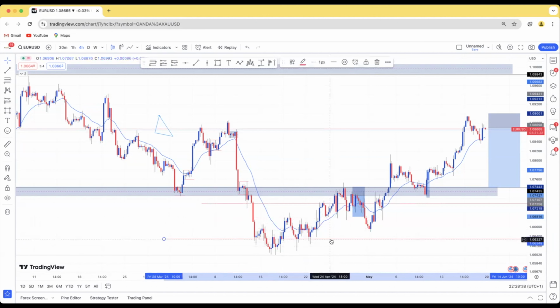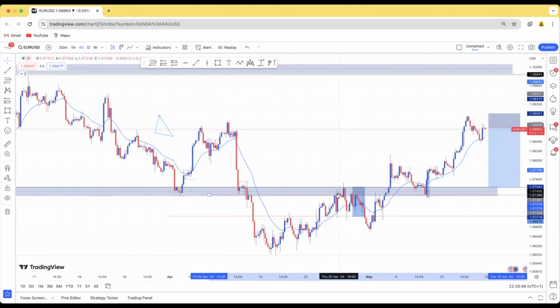The same thing from this low point here, we had a break of structure to this high here. And from this low point here, we had a break of structure to this high here.